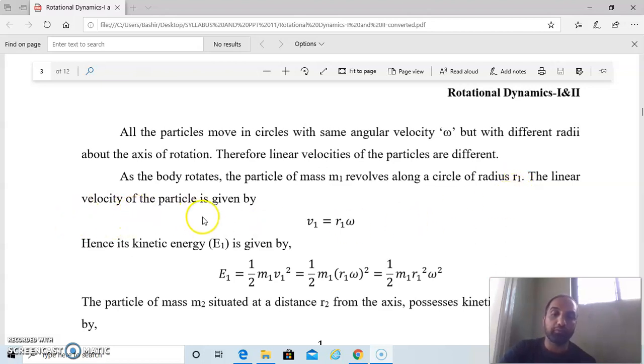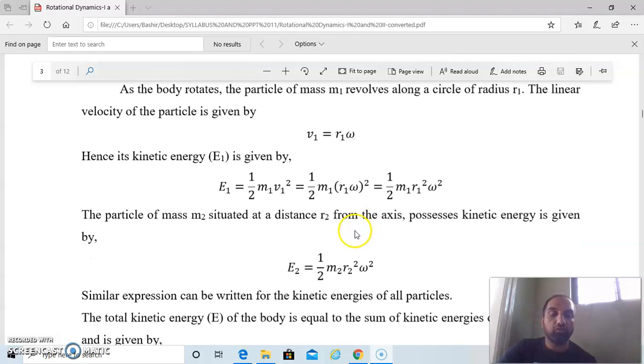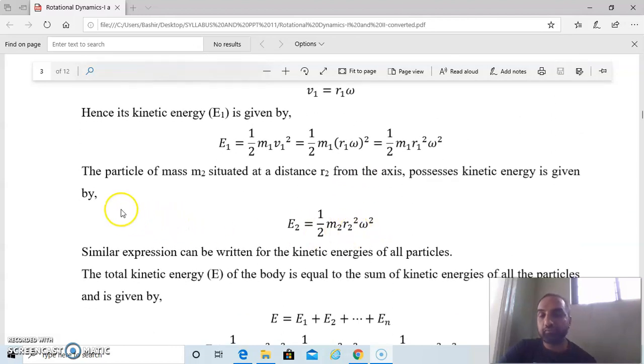The linear velocity of that particle is given by v1 equals r1 omega. Then the kinetic energy of that particle, E1, is equal to 1/2 m1 v1 square. But we know v1 is r1 omega, so substituting, 1/2 m1 (r1 omega) square, so we can write 1/2 m1 r1 square omega square.